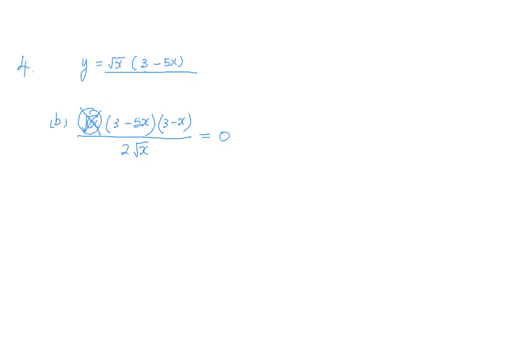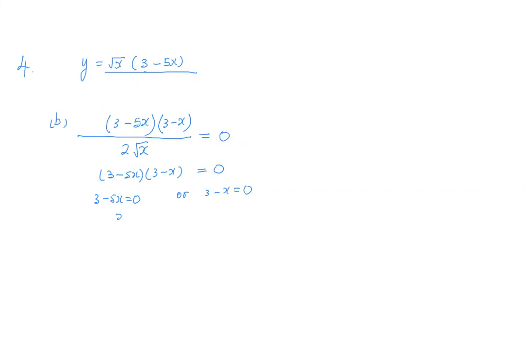Bracket 3 minus 5x, and then bracket 3 minus x, equals 0. So that means 3 minus 5x equals 0, or 3 minus x equals 0, correct?